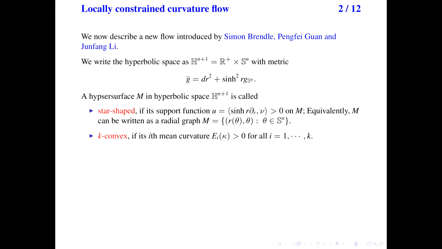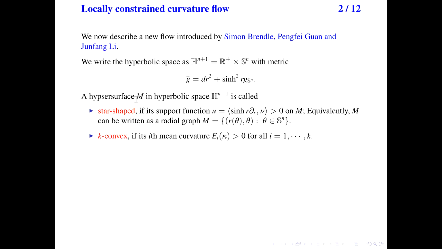In this part, we view the hyperbolic space as a warped product, which means that we identify the hyperbolic space as R plus product with the unit sphere, equipped with the metric dr squared plus sinh squared r times the round metric.